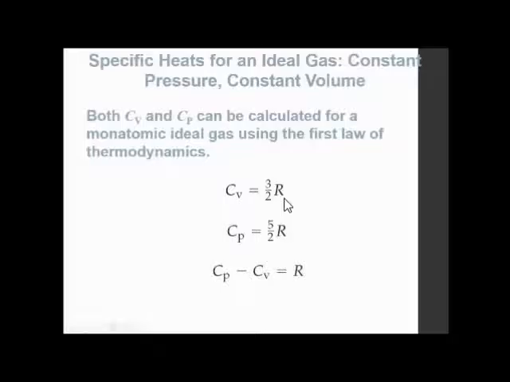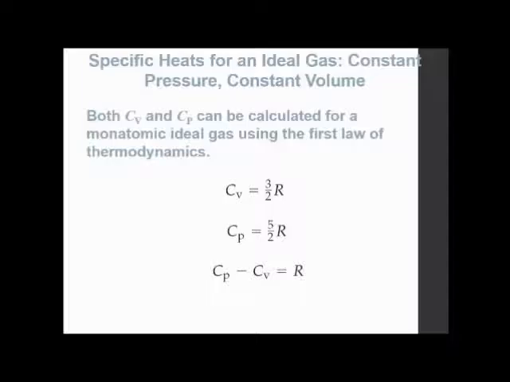These are very simple, but you should remember these things. This is only for monoatomic ideal gases. In class 12 you read about diatomic gases, how to calculate. There was some formula, I don't remember now.